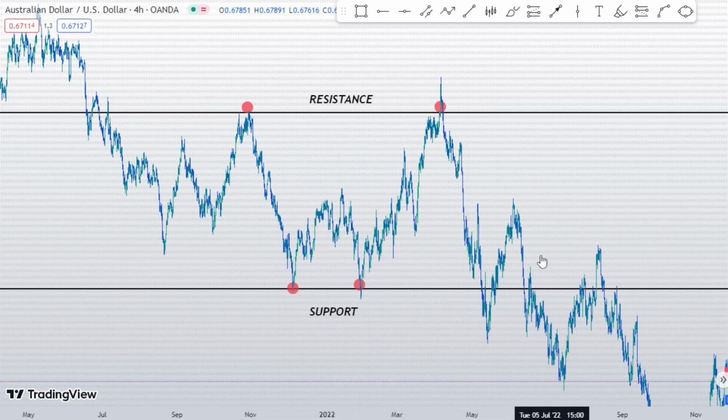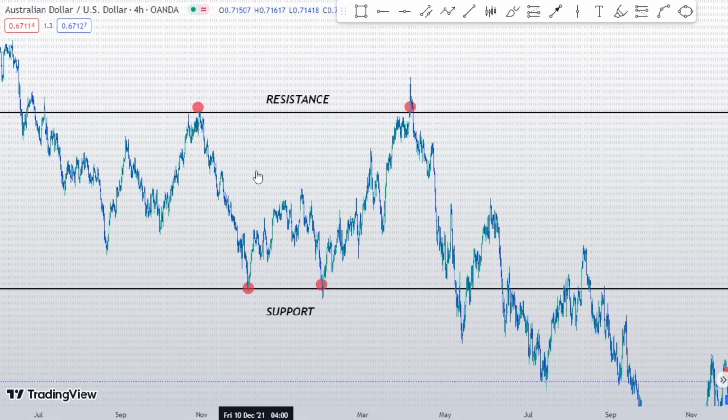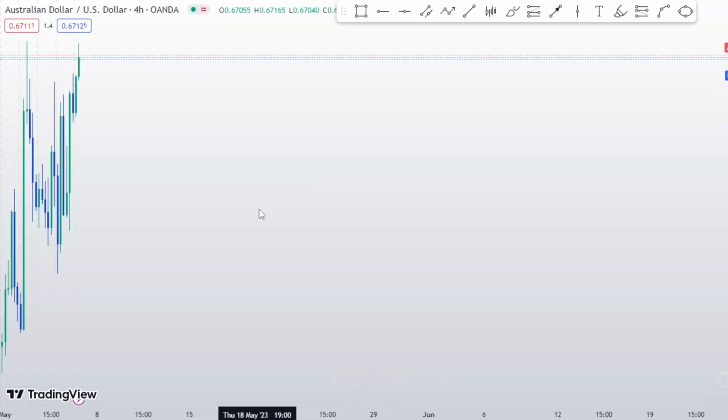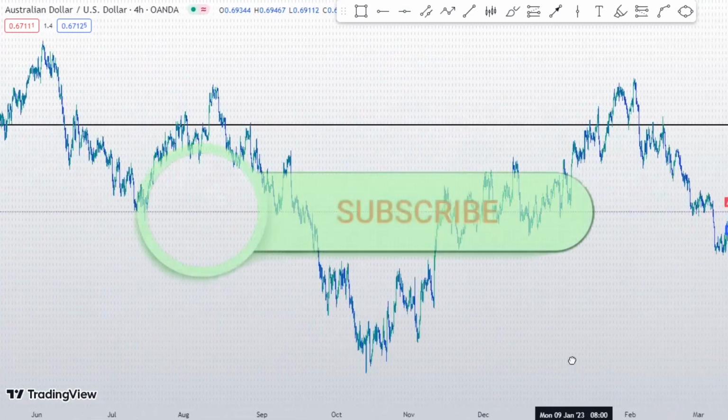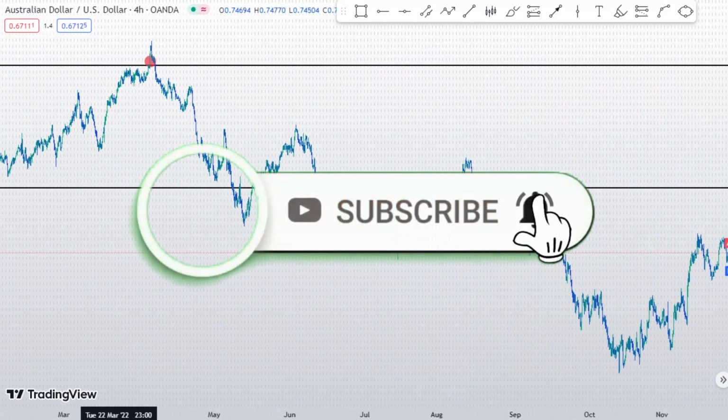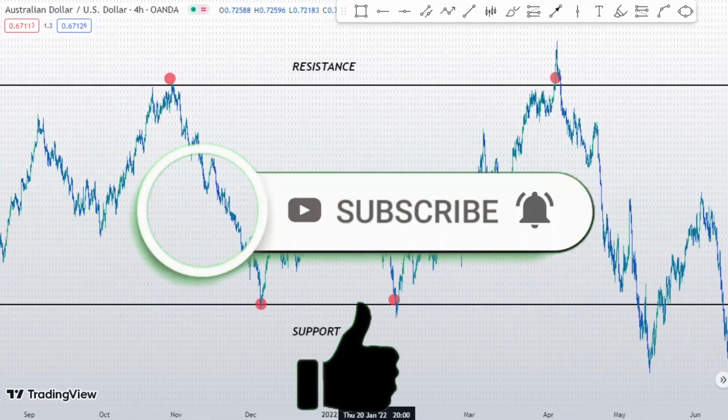For you to take the second leg, you also have to take into consideration what candlestick patterns are forming on the second leg. Let's zoom here for instance and see how the market reacted on this level here.